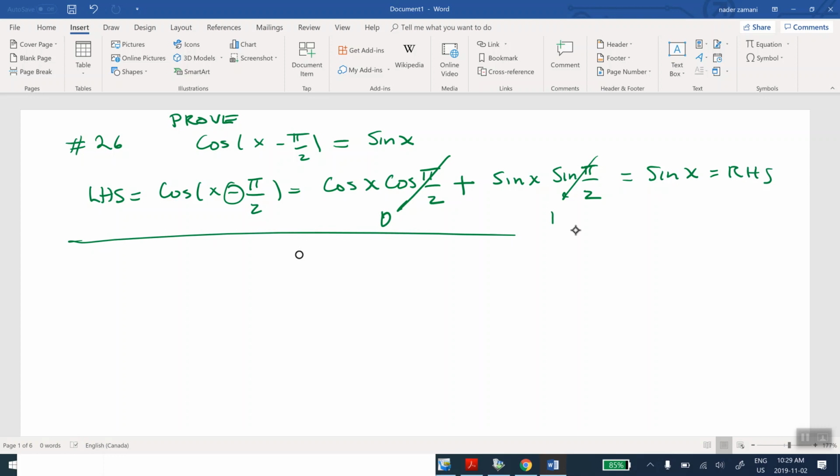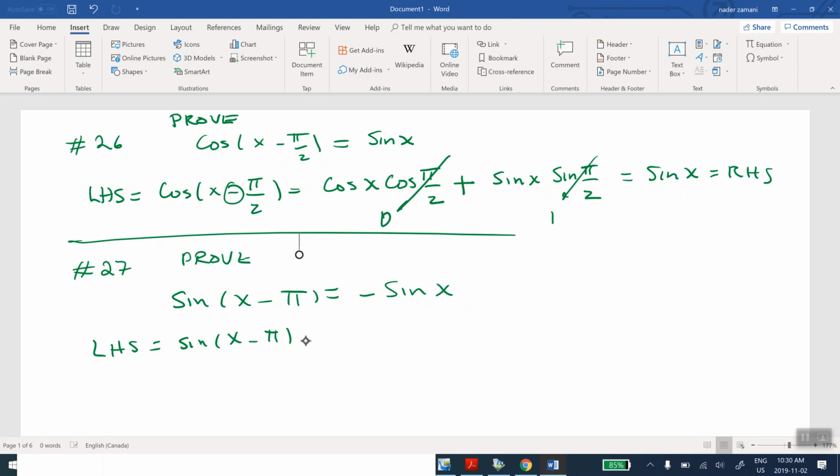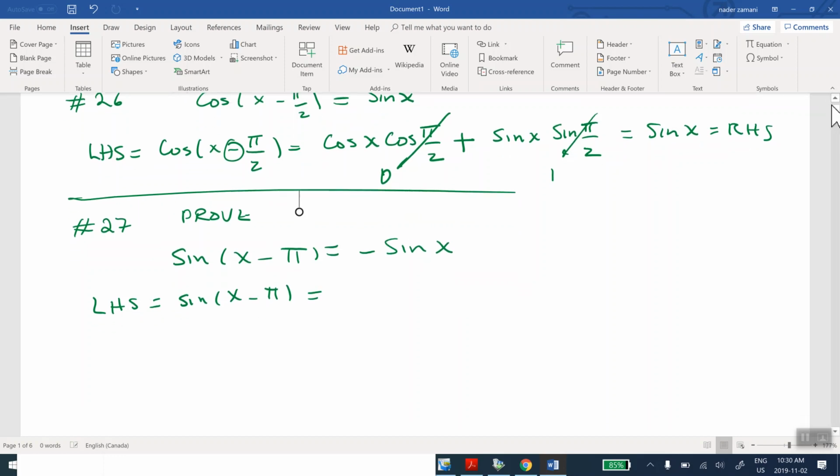Okay, next one, 27. Prove that sine of x minus pi equals minus sine of x. Left-hand side is sine of x minus pi, and we know what the formula is.